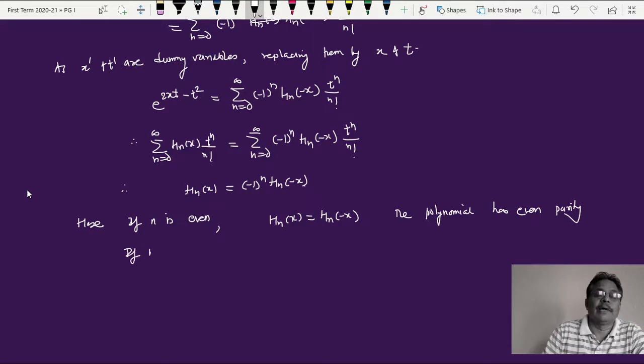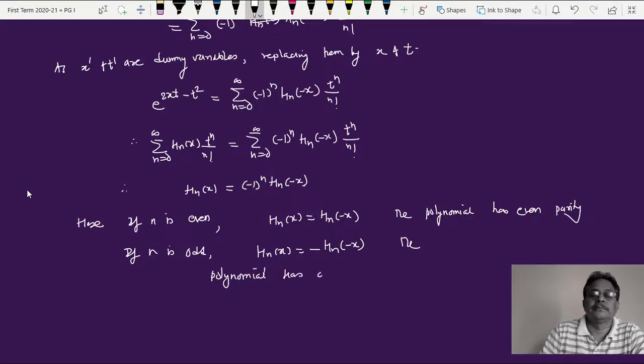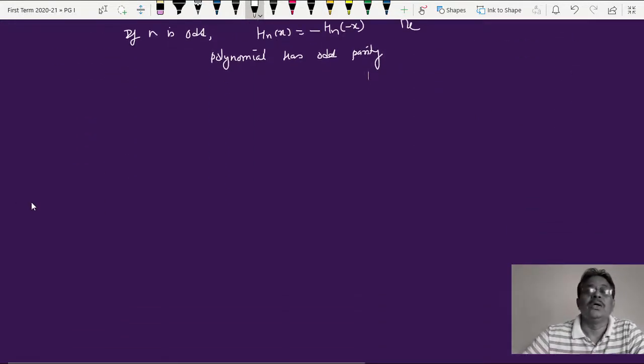If n is odd, then hn of x is equal to minus hn of minus x. The polynomial has odd parity.